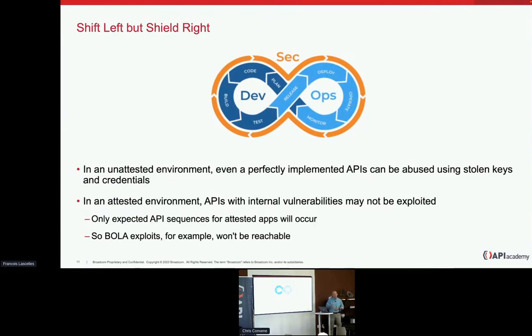So even if there are some areas of your API, for instance, if you have some BOLA vulnerabilities, where if I can just hook a record with an ID, I can try a different ID and randomly try and see what I can find. Even if your API is not sensitized to block that, a regular app is not going to make that call. So I think it's really important to spend as much time and effort on the operations, on the runtime side, establishing trust, as you are also trying to get all those vulnerabilities out of your API.